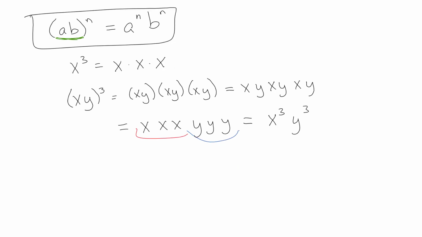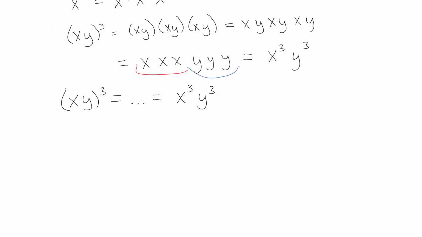If you get stuck on a test and don't remember this right, you can always reorder it and work it out by hand, and it'll come out straight. We could have xyz cubed, and it would still come out to x cubed, y cubed, z cubed.